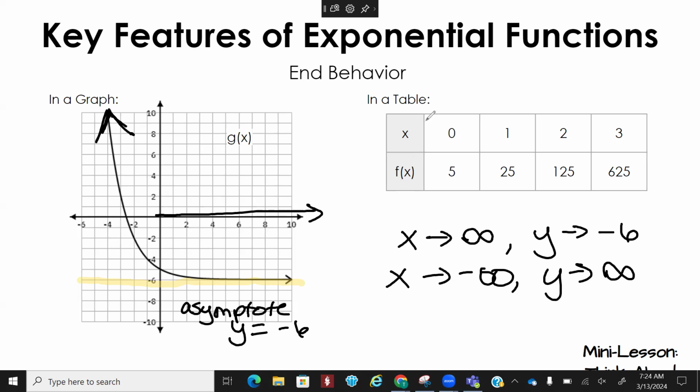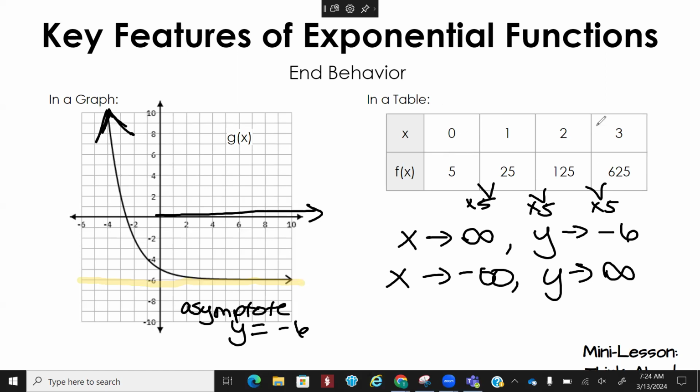Now, this is a little bit harder to see in a table. But we also see that this is exponential, because we're multiplying by 5 each time. Everybody can see that, right? As we're increasing our x values, it's going exponentially up, right?